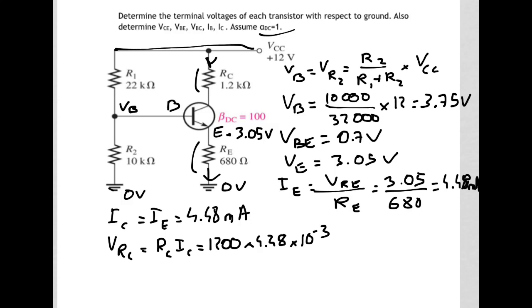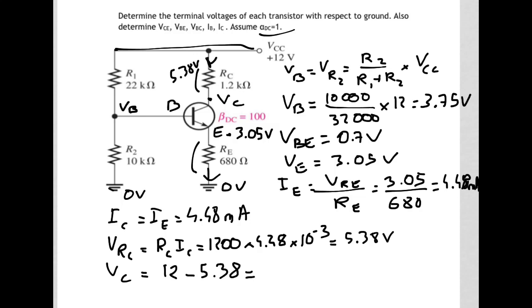That's 5.38 volts. So if I start at 12 here and lose 5.38 in the resistor, then the potential at C is going to be 12, VCC, minus 5.38. That gives me 6.62 volts.